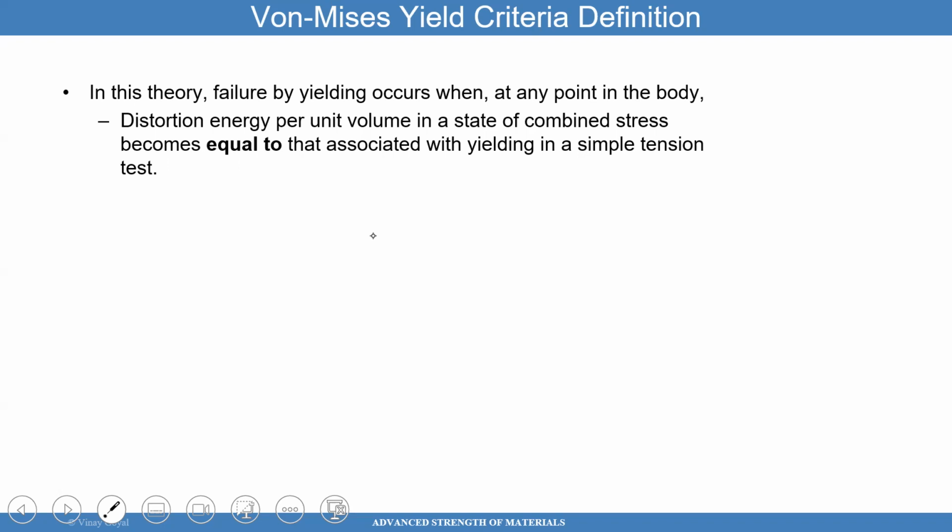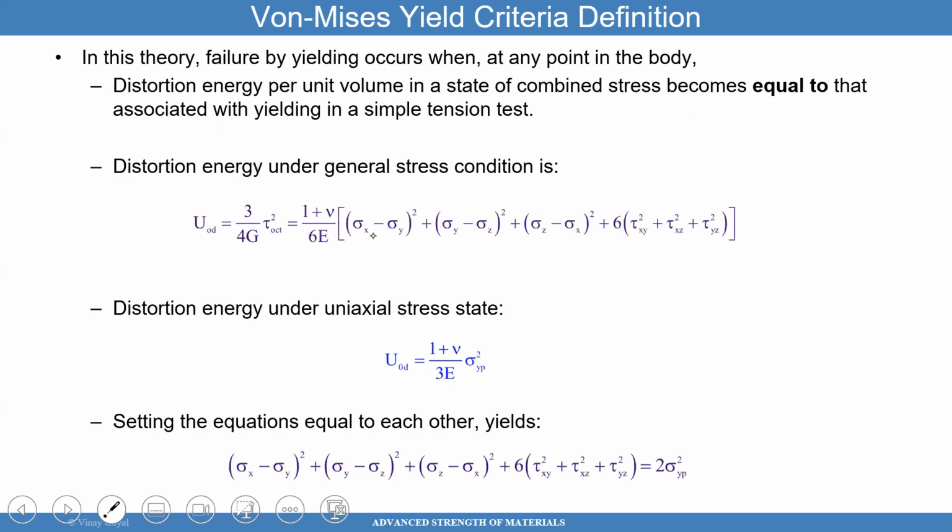Very similarly, we try to determine, in this case, now you're looking at energy. So what is the energy associated with yielding in a simple tension test? You compare that to the distortion energy per unit volume, but now for a stress state that's combined. The equations are provided here in the most general sense.